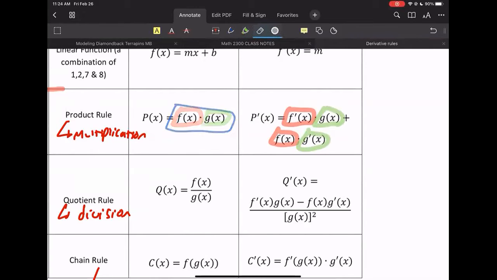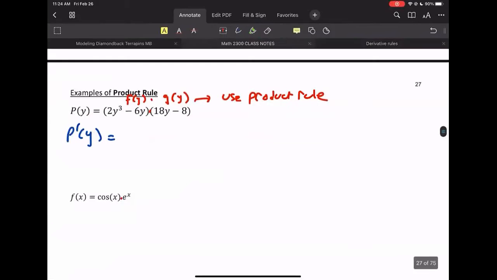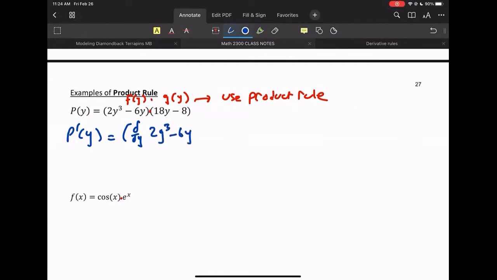And so I'm going to write that out, and do the details of that. Let me know if this looks okay. So this becomes: the derivative of the first function, leave the second function alone, plus leave the first function alone times the derivative of the second function.